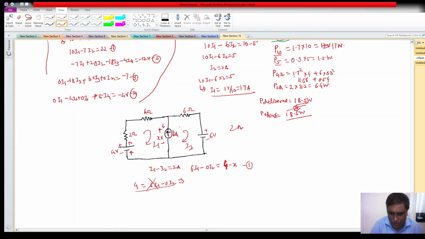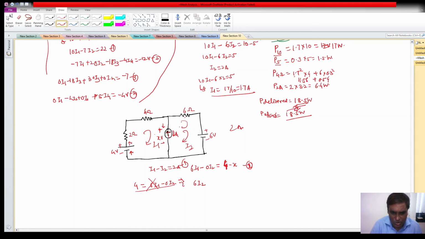This is equation 1, this is equation 2, and let us now write for mesh 2. 6 is the only resistance in mesh 2, so I will write 6 I2. Is there anything common between mesh 2 and 1?